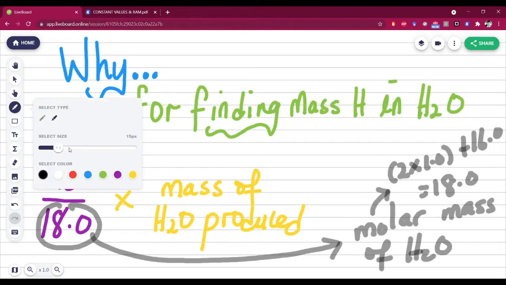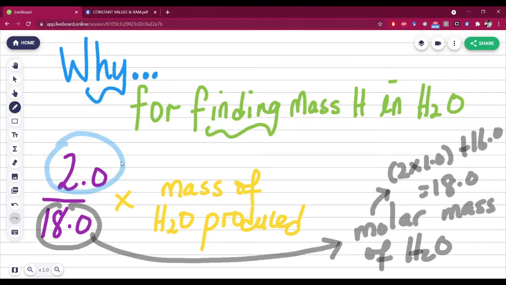And number 2 on top, that is the molar mass of 2 hydrogen atoms. Okay, why do we need to consider 2?